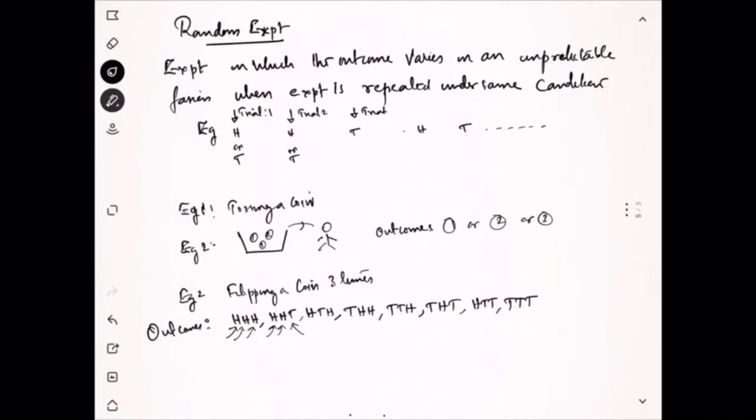So it is better now to define the outcomes by using set theory. So now let us define. Suppose in tossing a coin, we have the outcomes either head and tail. We can represent this head and tail as a set S, and we will call this the sample space.